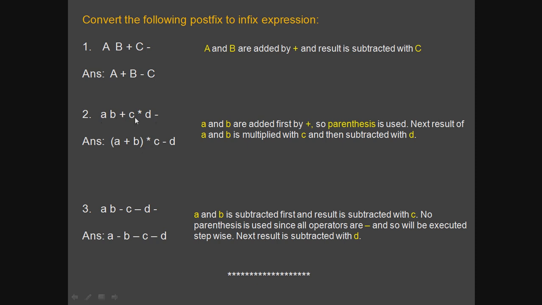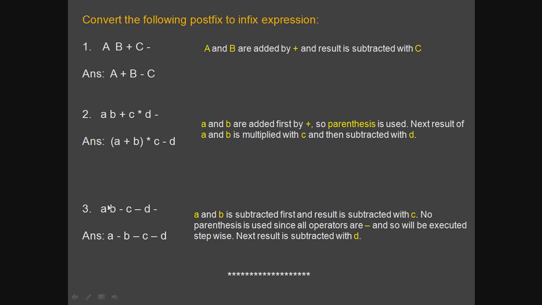As per the postfix notation, a and b should be added first. That's why the parentheses are used, because the parentheses have the highest priority, higher precedence than the multiplication symbol. So because of the parentheses, a plus b will be added first, the result of that will be multiplied with c, and then the result of that will be subtracted with d. Since the multiplication symbol has higher precedence than minus, we don't need to use parentheses there, right?